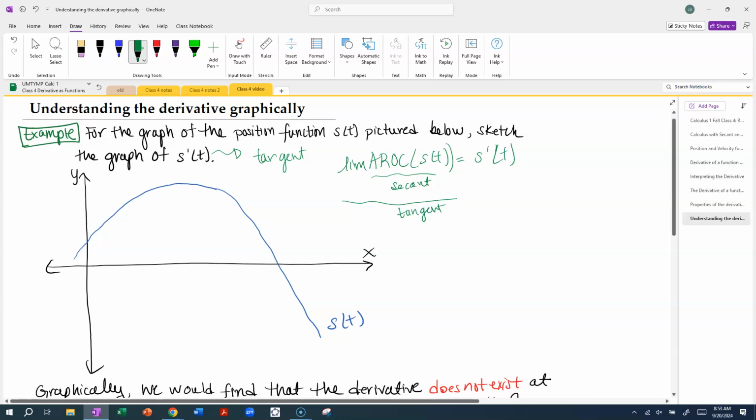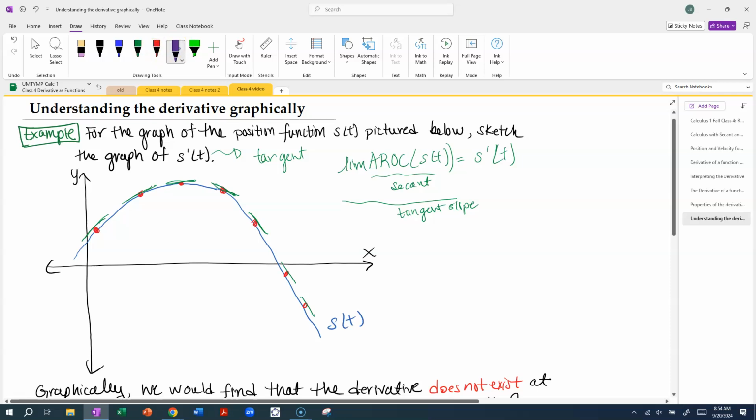So what I'm going to do to generate the graph of s prime is pick, just for right now, a bunch of points. They're seemingly a little random. And what I'm going to do is look at the slopes of the tangent lines at each of these points that I drew, just to have an idea of what the derivative value might be.